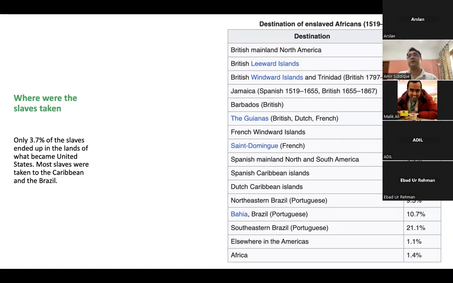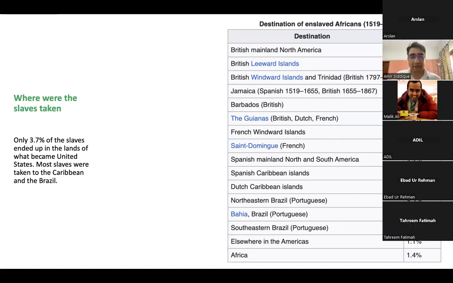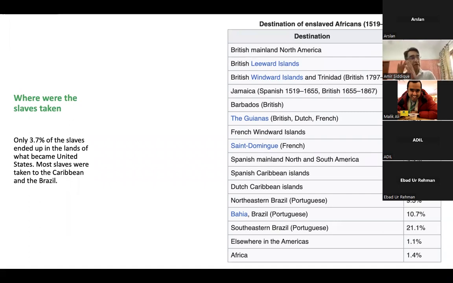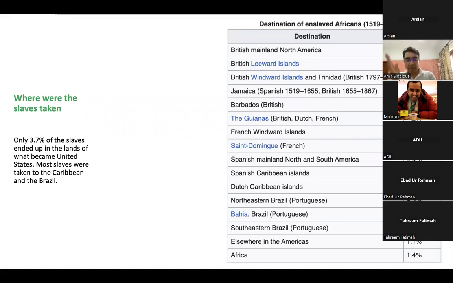So people would often sign those indentures, even poor people who could not afford the journey from Europe to the United States would sign those indentures in return for the journey. So investors and ship companies would sign those indentures. Okay, we'll bear the expenses of the journey, but you have to sell your X number of years to us. We'll use your labor free of cost, and after that time passes, then we'll free you. So indenture was happening as well, right?